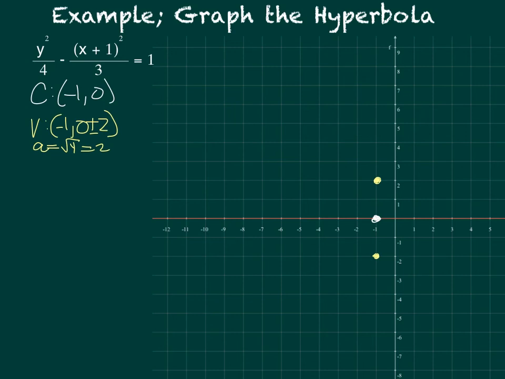So those are my vertex points. Then I'm going to go ahead and mark my co-vertices, which correspond to my b. b is going to be equal to the square root of 3, which is roughly equal to 1.73. So I'm going to mark that. Count from the center 1.73. So about there, and then I'm going to go ahead and draw the box around those so I can graph my asymptote lines.